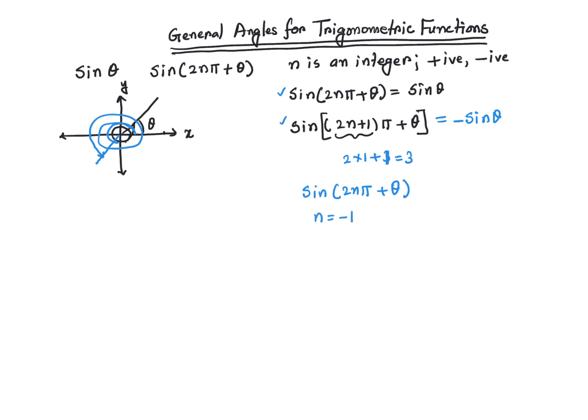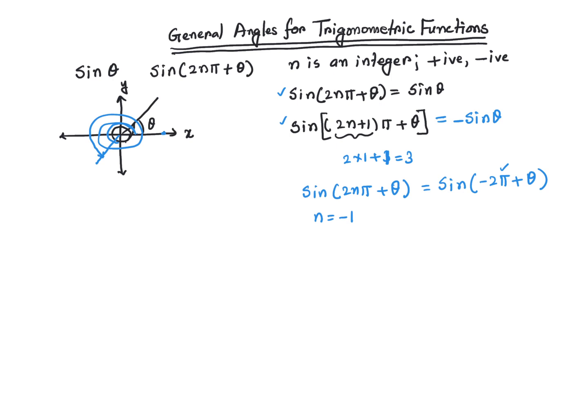Then this becomes sine of negative 2 pi plus theta. So now let's start again. You always start here on the positive x-axis. This time the angle is negative 2 pi, not positive 2 pi.